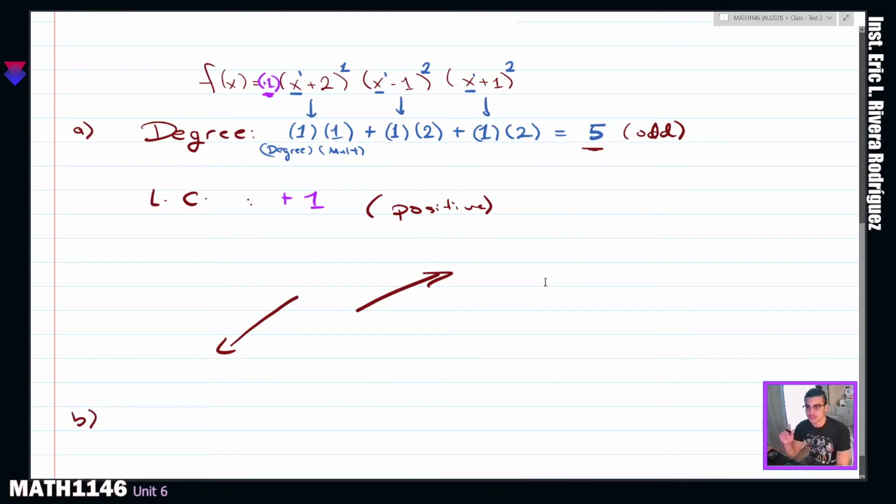Okay, so again, if the degree is even, we will have a parabola shape, so it means that both ends go to the same direction. Positive goes up, negative goes down.